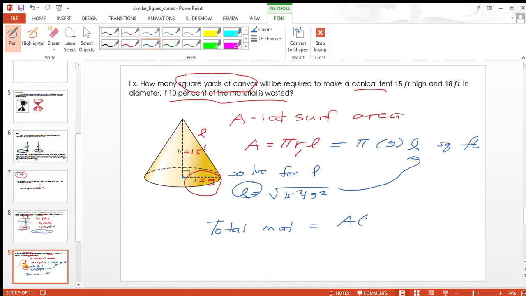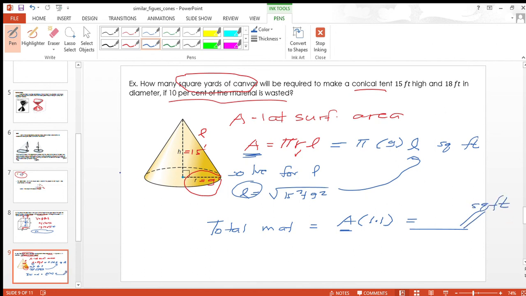Then get another 10% of that. So that will be 110% or 1.1. So multiply your A. Substitute it here, multiply it by 1.1, you get your total material. Again, this is in square feet.